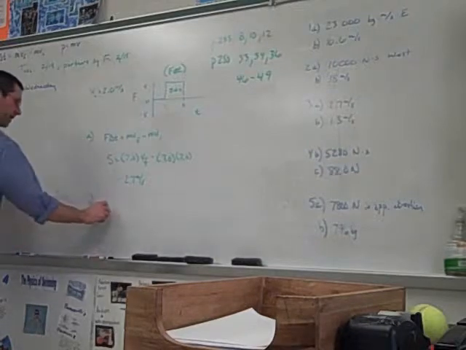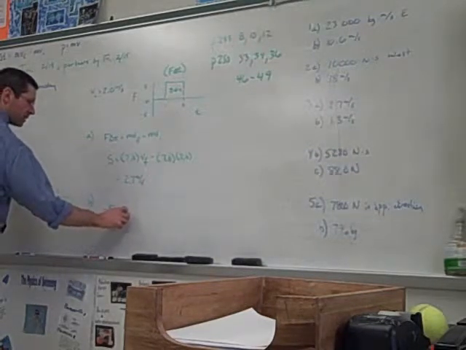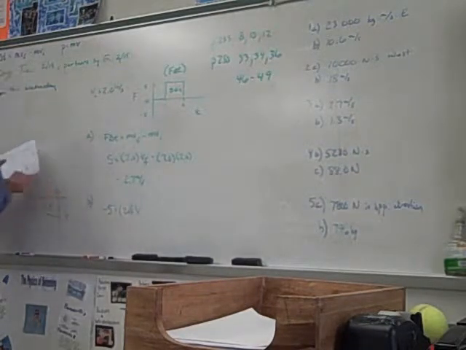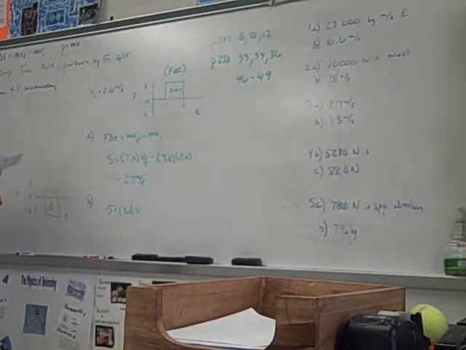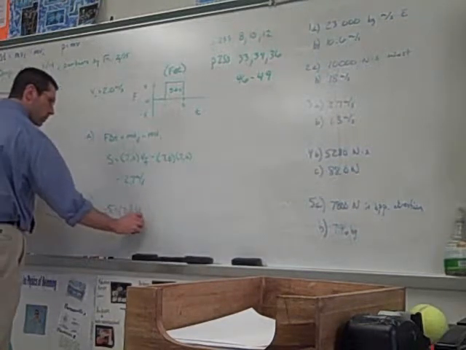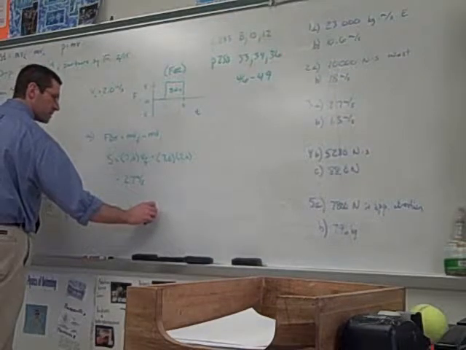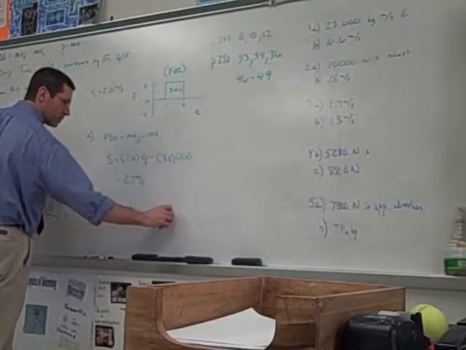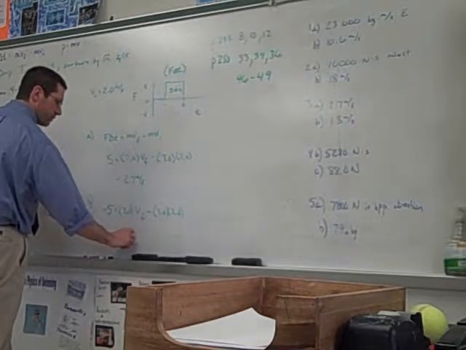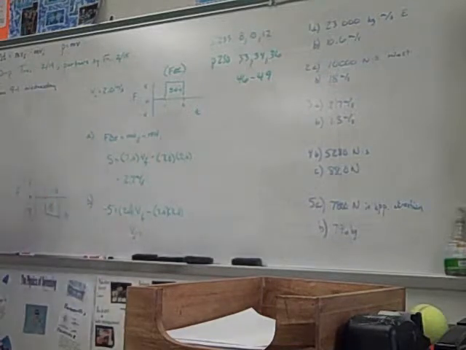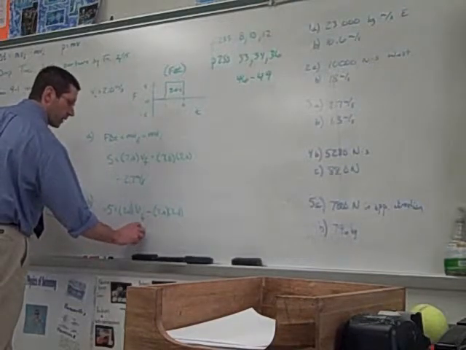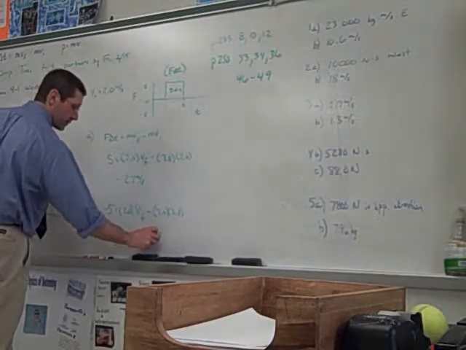So now negative 5 equals 7 times VF minus 7 times 2. And so if you get a negative change in momentum, you would expect that the velocity would decrease, and it does, to 1.3 meters per second.